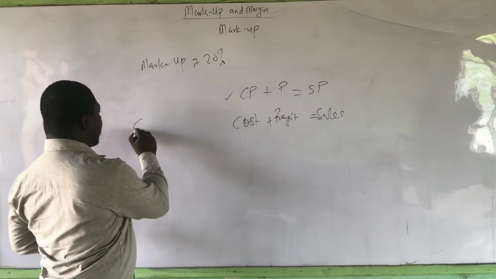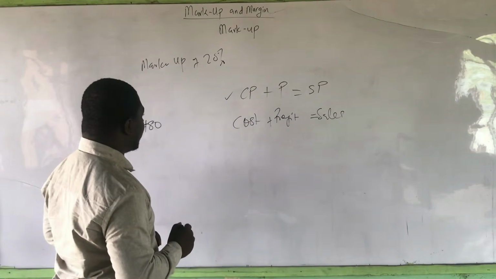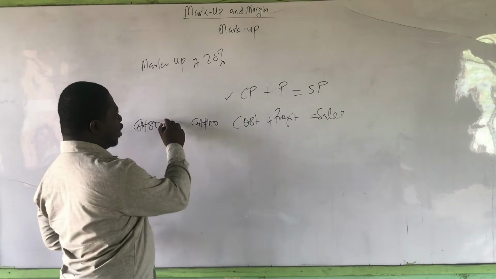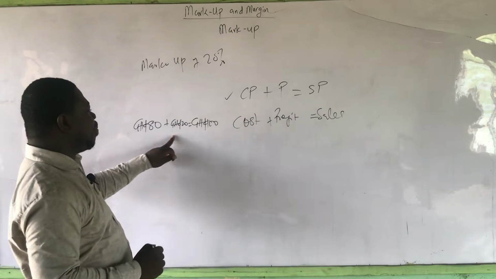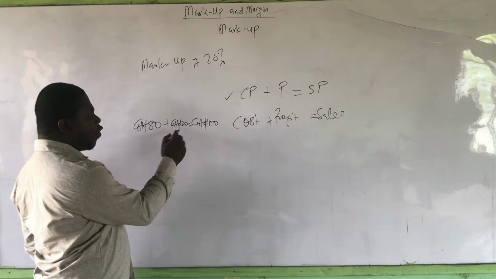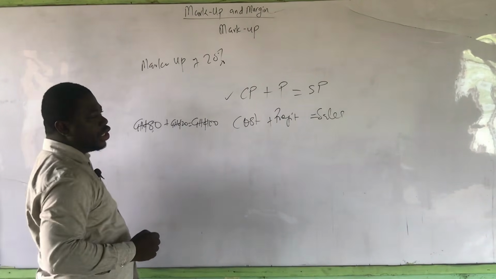So if you buy a product for, let's say, 80 cedis, and then you intend to sell it for 100 cedis, that means that your profit element is 20 cedis. Now, 80 plus 20 is 100. The question is, what percentage of profit did you put on the 80? What percentage of profit did you put on the 80?